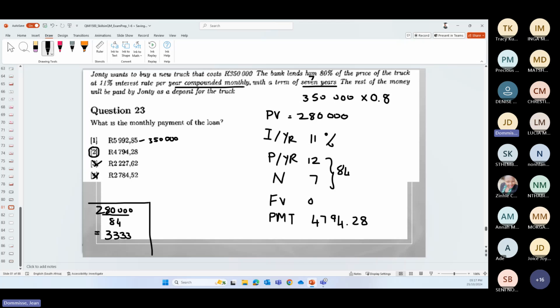We need to take the deposit away, and then from that we work with the rest, the 280,000.